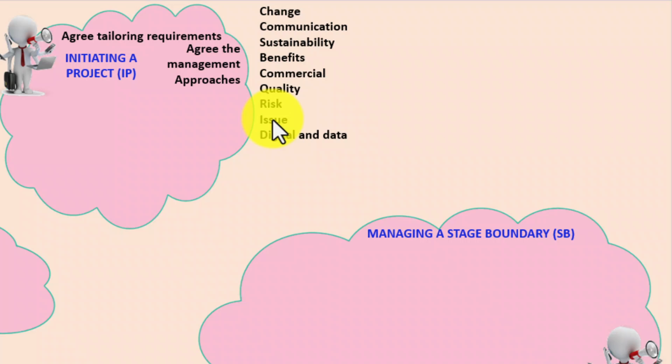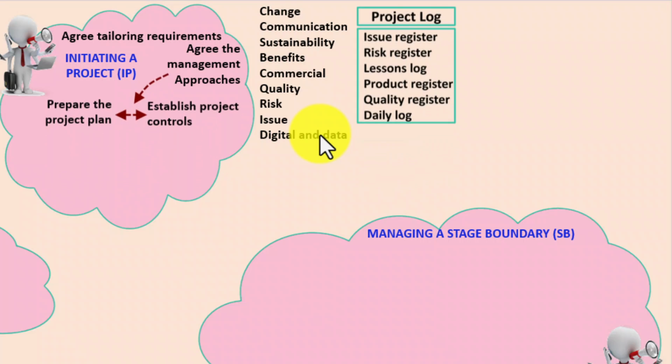So this contains both the issue reporting and resolution procedure as well as the change control procedure. Another new approach is digital and data. Now this describes what data is to be managed. It goes on to explain what the digital technology requirements are and what the data management requirements are and the procedures needed to manage both digital and data. So the next activities are to, in parallel, prepare the project plan and establish the project controls.